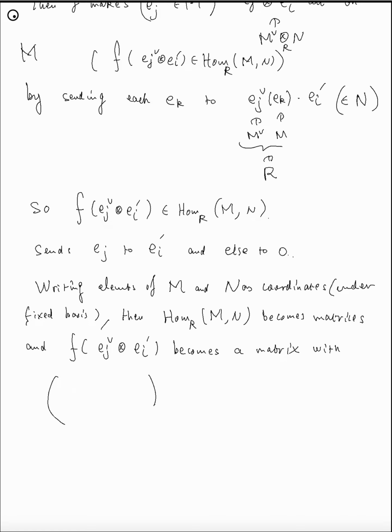Let's just write it simply. It's only one on the i-th row, j-th column, and everywhere else is totally zero.